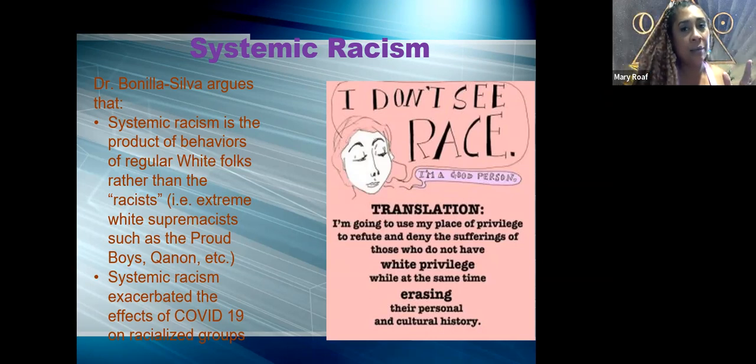So what's happening is the entire system, right, of systemic racism based on white supremacy, all white supremacy is placing everyone and everything classified as white as superior to everyone and everything else.